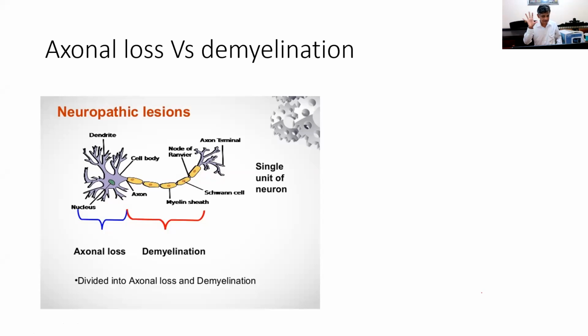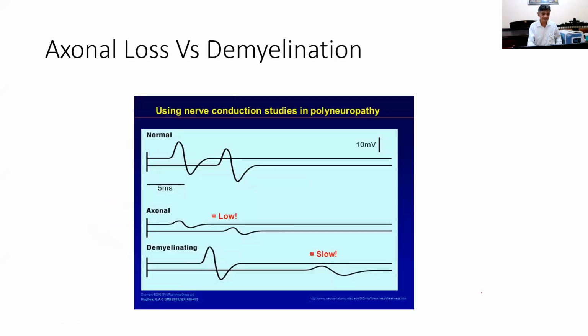So the ENG outcome is different. When we use ENG, we can diagnose it. So this is the typical diagram. So this is normal stimulation. So this is distal stimulation. At the wrist, if you stimulate, you get distal latency and compound action potential. Top line.